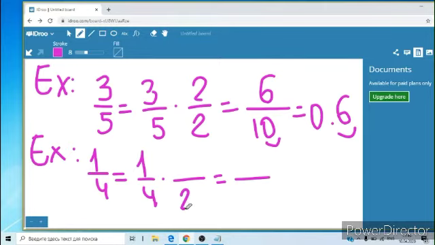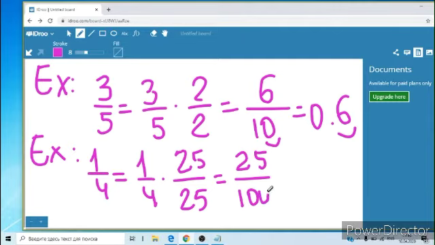For example, let us multiply by 25. If I am multiplying the denominator by 25, I must also multiply the numerator by 25. So 1 times 25 is 25, and 4 times 25 is 100. So how many zeros do we have? 1, 2 zeros.